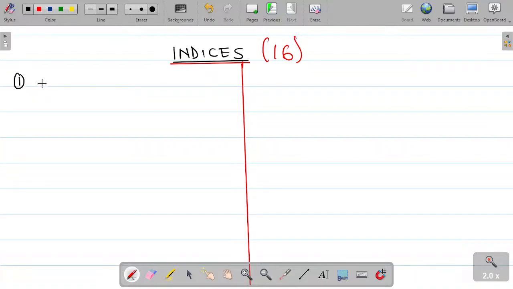Number 1 says that if a to the power of n is multiplied by a to the power of m, then this is equal to a to the power of n plus m.